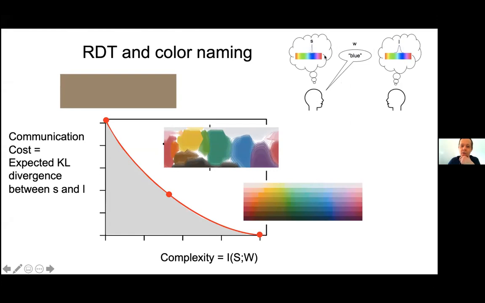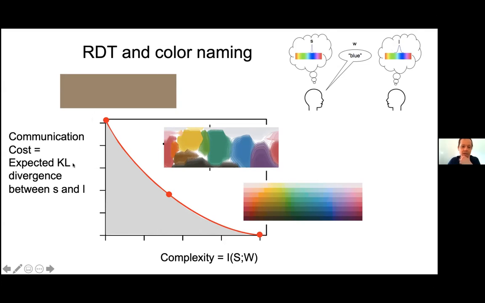So if those distributions were identical, communication cost would be 0 and we'd be down here on the axis. If they're not quite the same, we're going to be higher up along the axis. And the precise way we do that is using the KL divergence, which you could think of very roughly as an information theoretic measure of the distance or the discrepancy between two distributions.